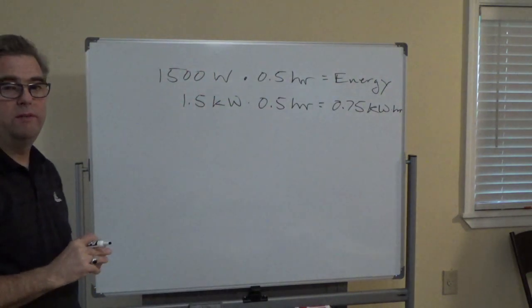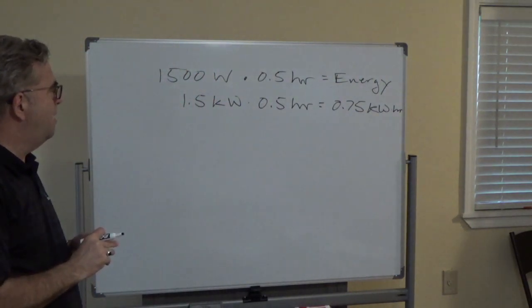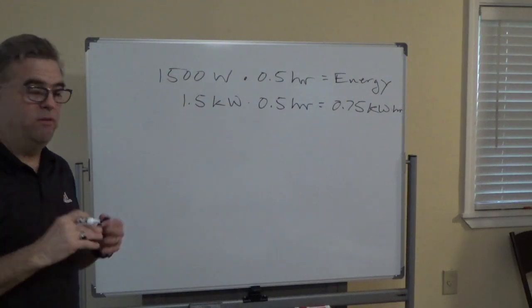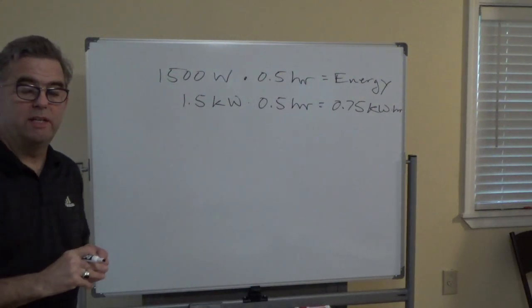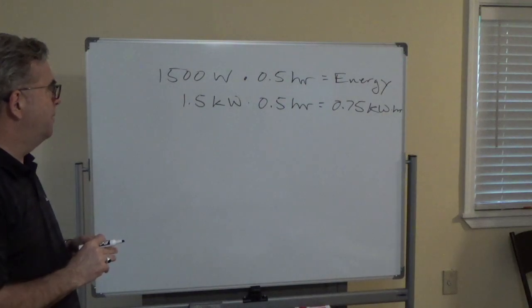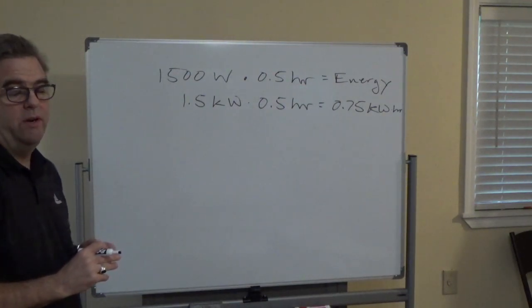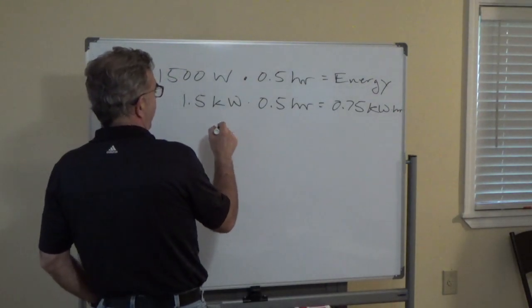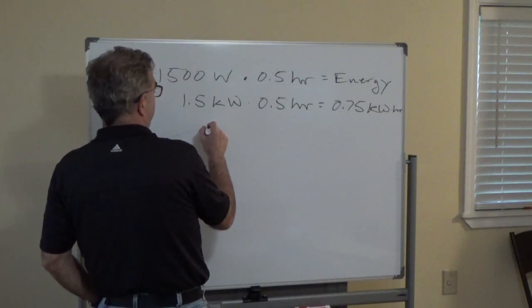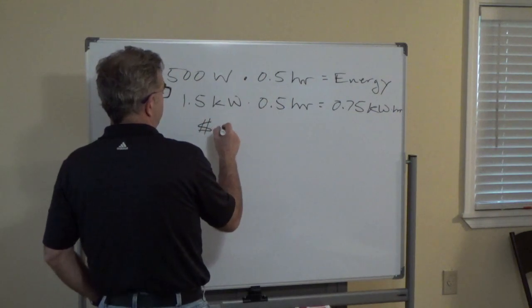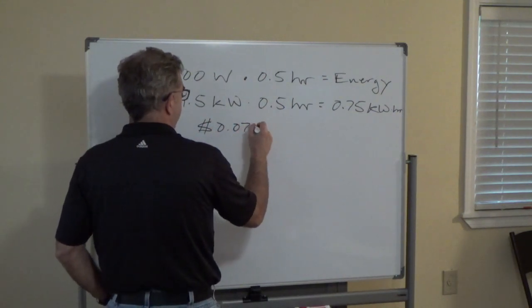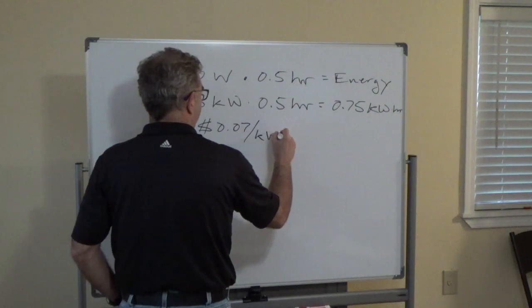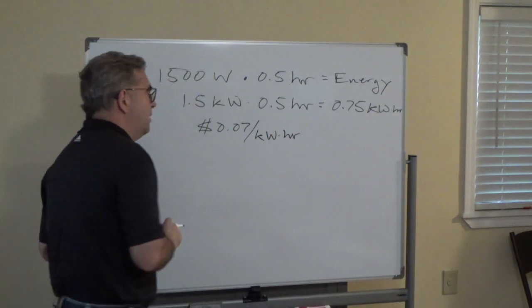So that's 0.75 kilowatt hours. Now, how much does the utility company charge you for power? Well, I don't know, around here maybe about 7 cents per kilowatt hour. So the rate is 0.07 per kilowatt hour. Okay.